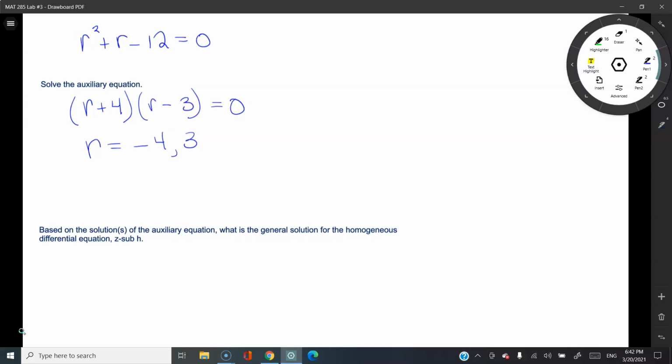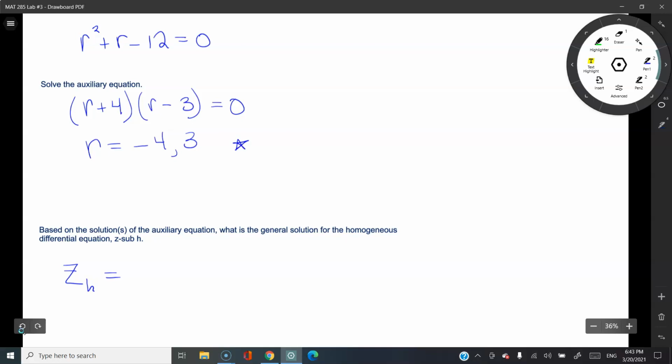Based on these solutions for our auxiliary equation, we can tell what the general solution for the homogeneous differential equation would be, which we call z sub h. It's the solution for the homogeneous equation.